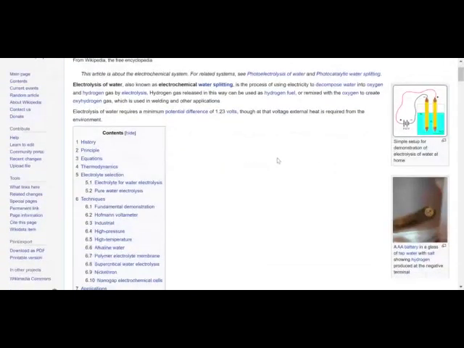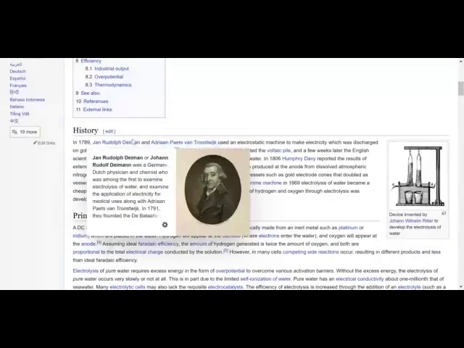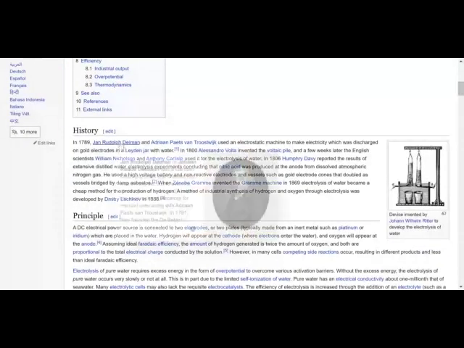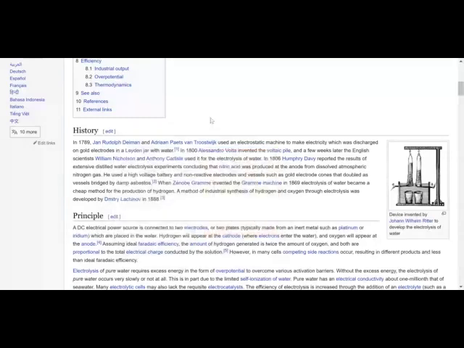And you can see that in 1789, a scientist called Jan Rudolf Deiman, apparently a German Dutch chemist, figured out that if you pass current like this, it splits into hydrogen and oxygen. So this is how you split water into hydrogen and oxygen.